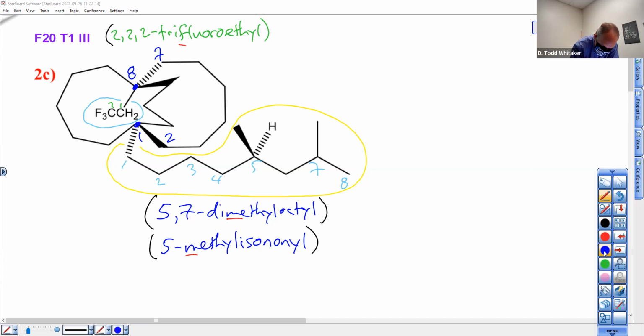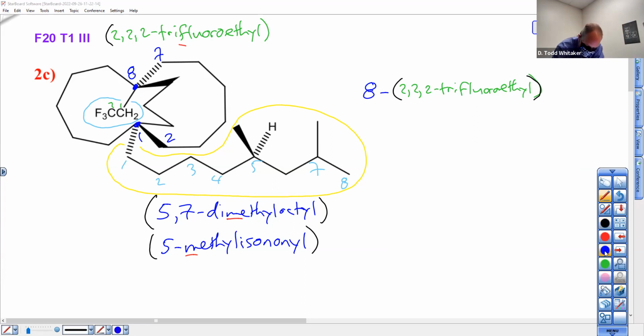So here's your final answer. 8-(2,2,2-trifluoroethyl).